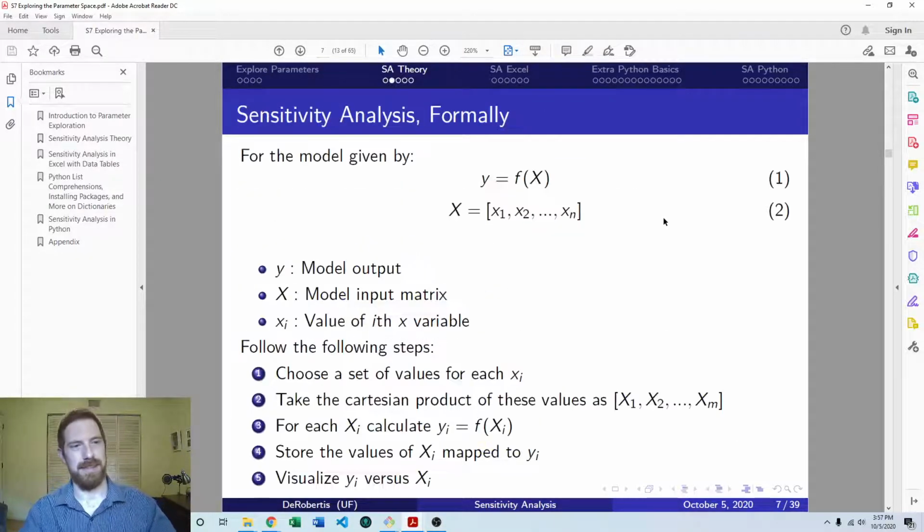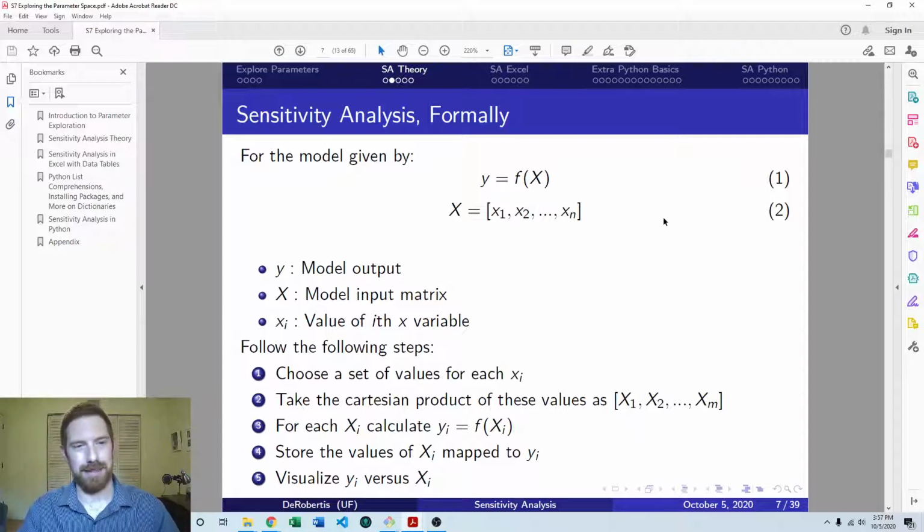So for sensitivity analysis, here would be the formal definition. Just reading this, it may look scary, but really it's just a process that you have to follow, and it's fairly straightforward once we actually get into how to apply it. It just looks a little bit more complicated in math and algorithmic terms.